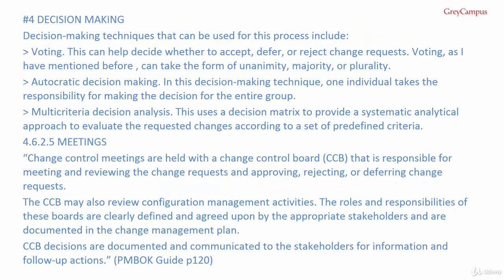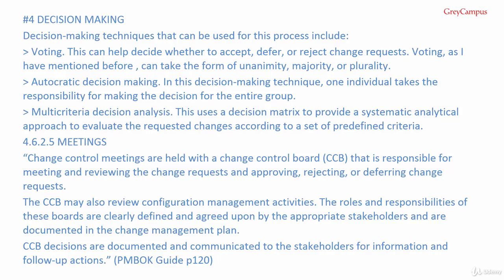Number 4, decision making. Decision making techniques that can be used for this process include voting. This can help decide whether to accept, defer or reject change requests. Voting, as I've mentioned before, can take the form of unanimity. That's where everyone votes on something and it's only selected if everyone is in agreement. Majority, which means more than 50%, or plurality, the largest group.